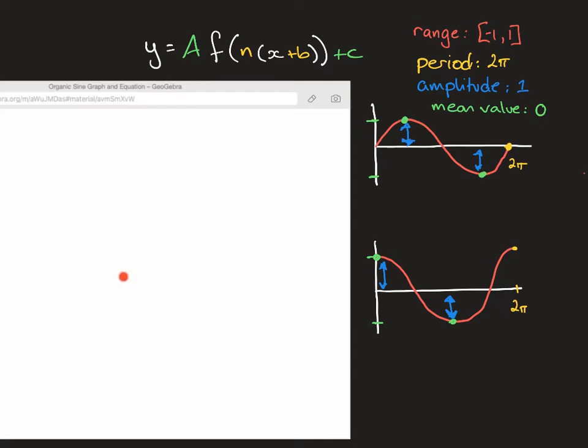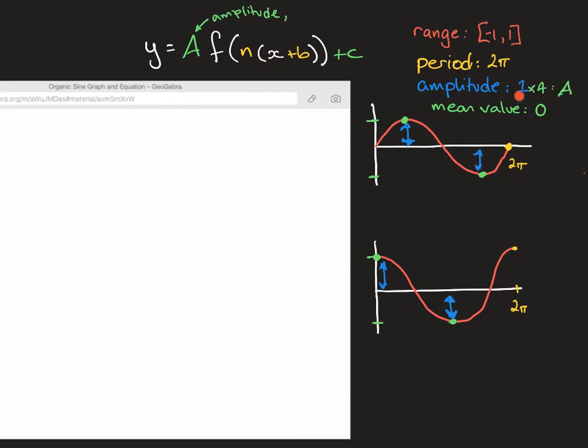So what this value at the front is doing is it's changing our range and it's changing our amplitude. And our amplitude is changing by whatever this factor a is here.